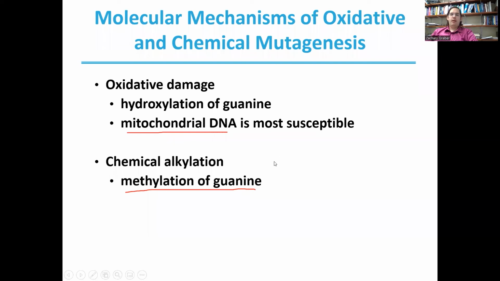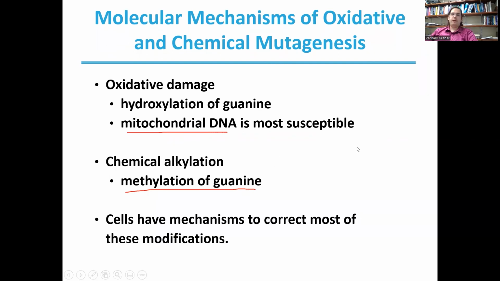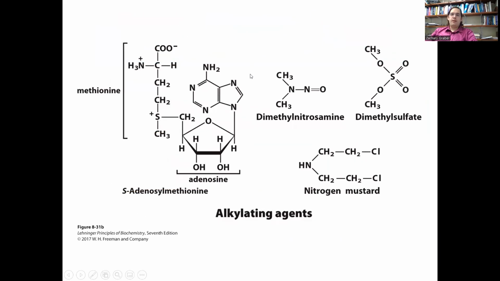And again, our body would have to work to correct these modifications, and it would all be dependent on if the chemical agent that's causing the damage is able to overwhelm your natural repair mechanisms. Here are some examples of different alkylating agents. In general, they tend to have carbon groups that they can relatively easily donate to our base in order to create that alkylated nucleotide.